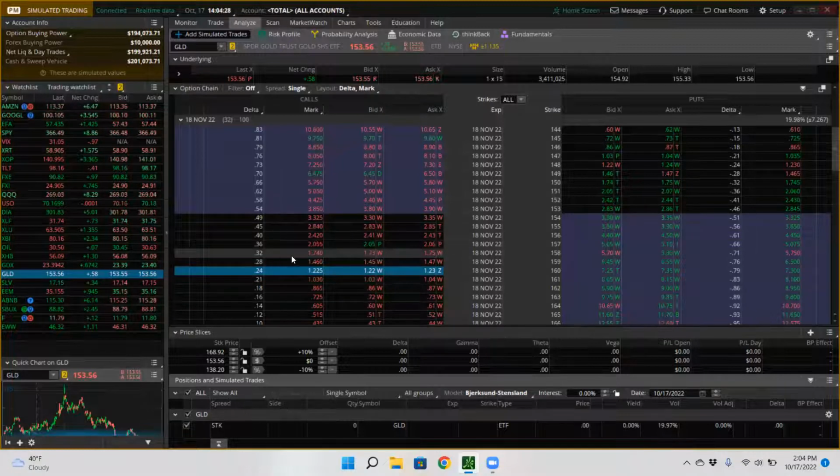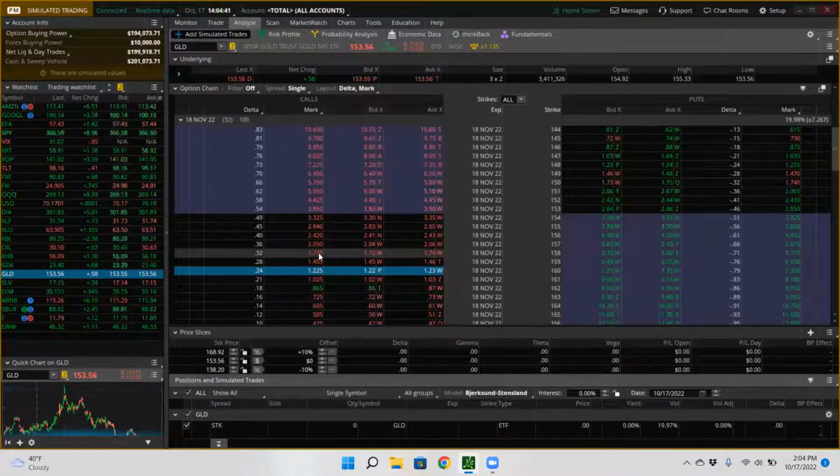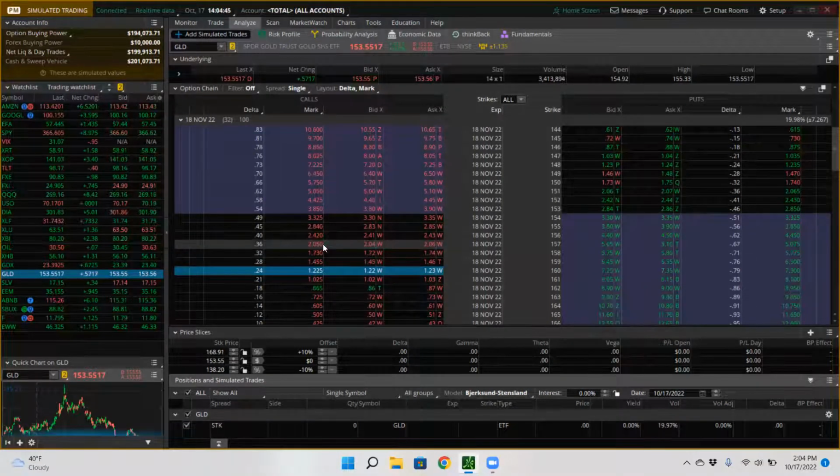Same thing with this 32 delta. When we change from the 158 strike price, the contract value will jump 32 cents from here. The math works out pretty perfectly on this. It'll jump 32 cents from this to this.